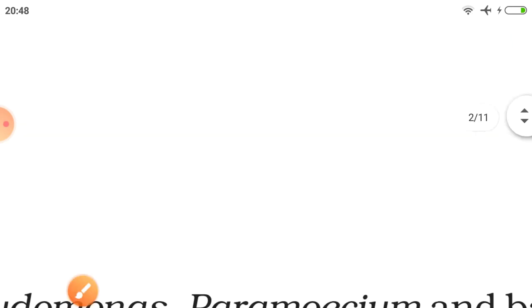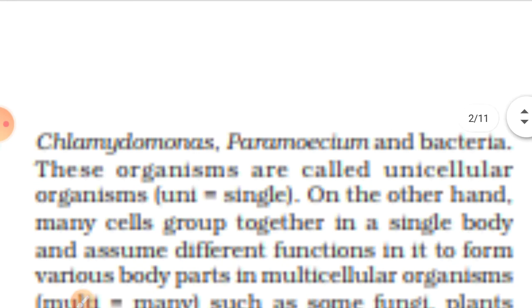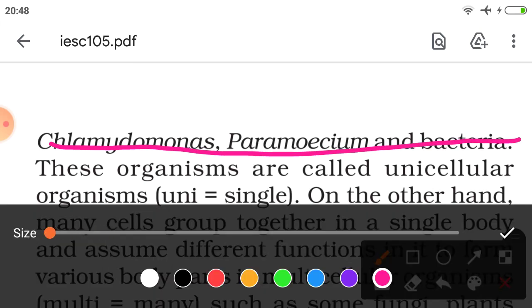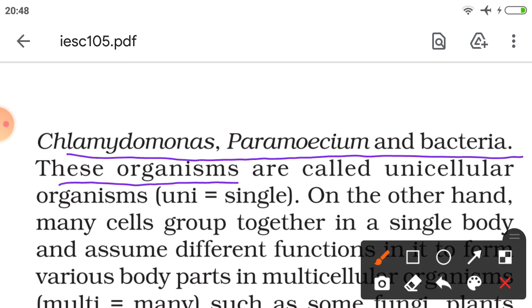So let me tell you about it. Uni means single, one. Chlamydomonas, paramecium and bacteria. These organisms are called unicellular organisms because they consist of only one cell.